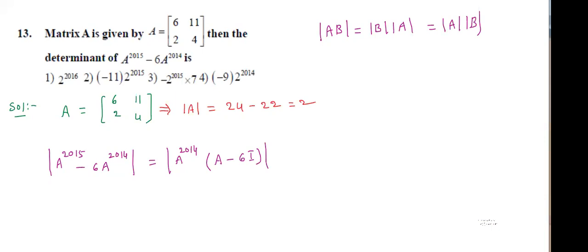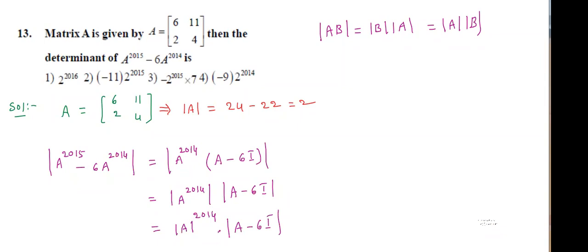Both are correct. So det of A power 2014 into det of A minus 6I. Det A whole power 2014 into det of A minus 6I.